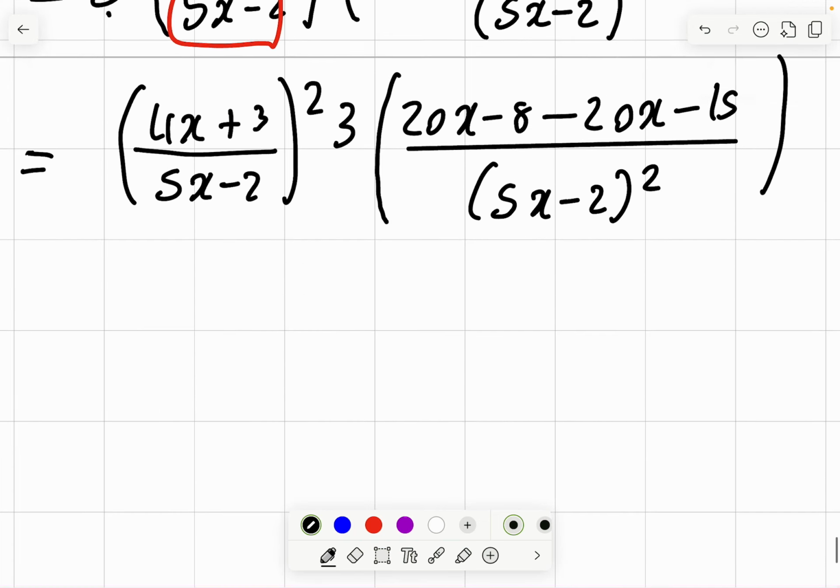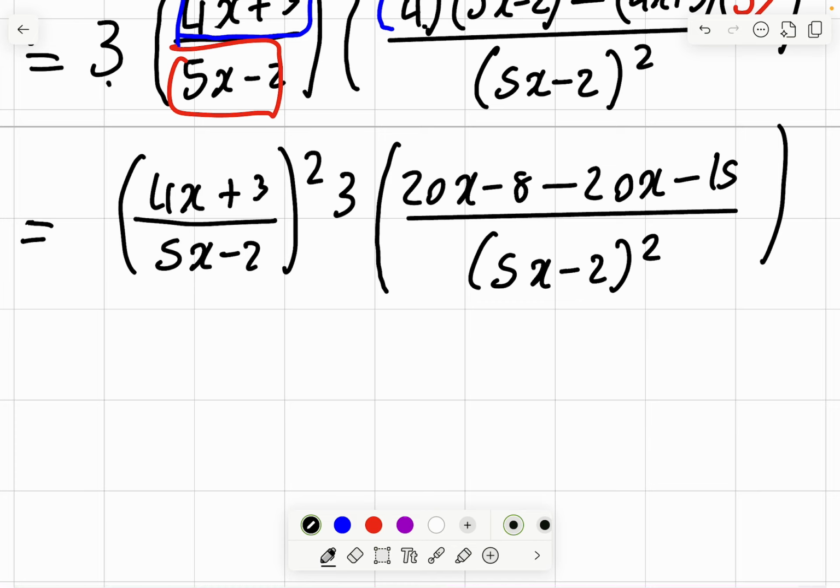Right? So if I check carefully here, these two things cancel each other. Therefore, negative 8 and negative 15 is the same as negative 23. Negative 17 multiplied by 3 is going to be 51.